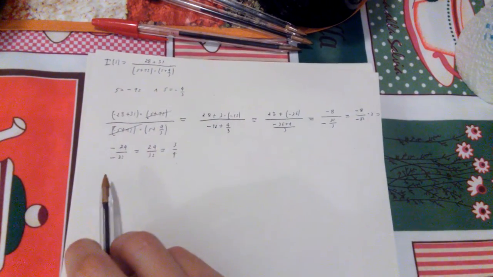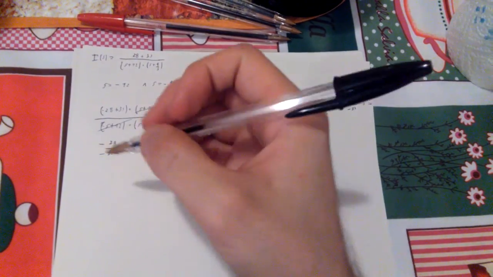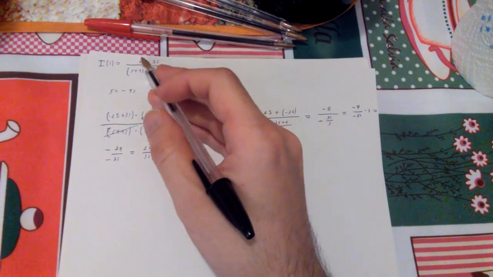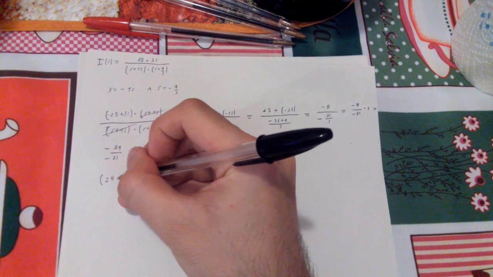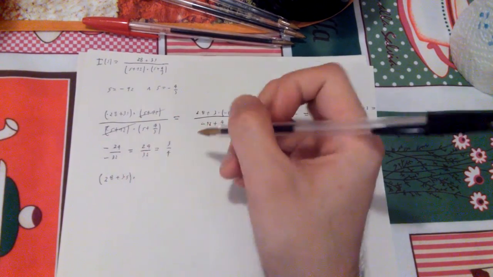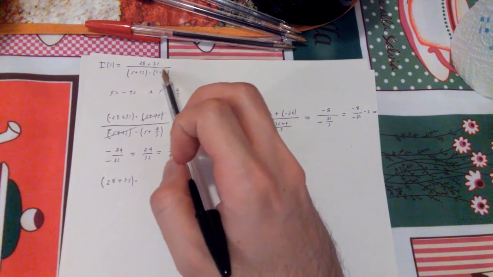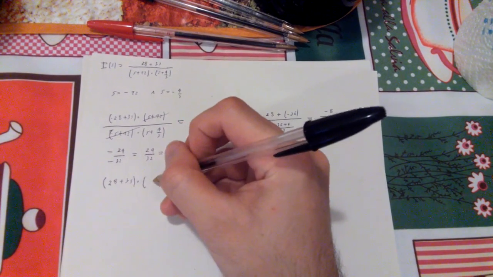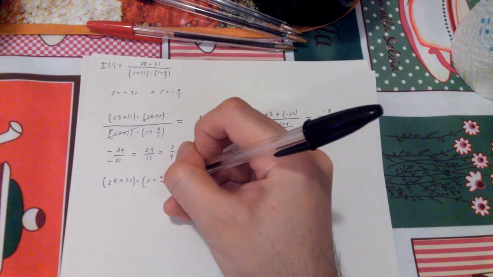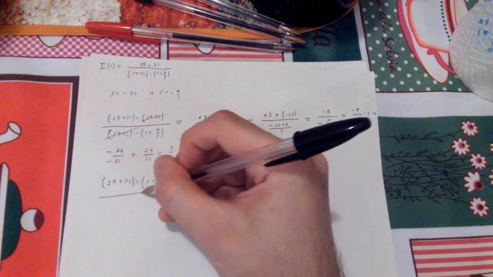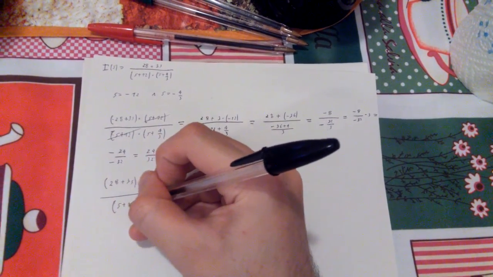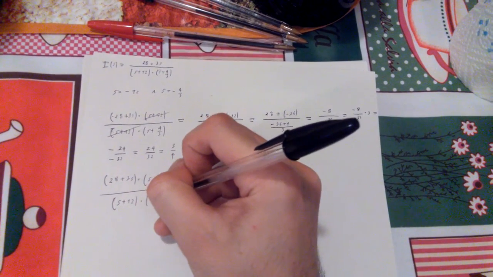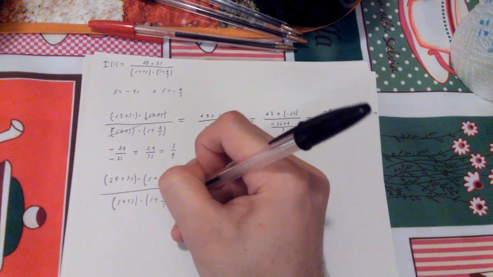Now let's do the same clever trick to find the second pole. We're going to have the numerator as before, so 28 plus 3s times this guy here, so s plus 4 over 3, everything over those two guys here, so s plus 12 times s plus 4 over 3.